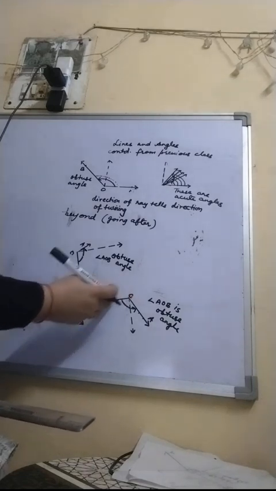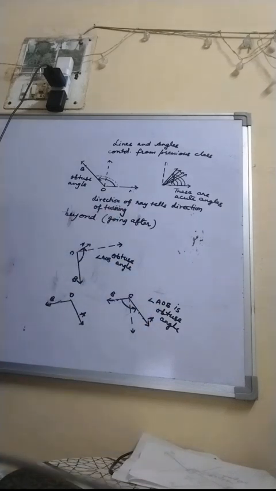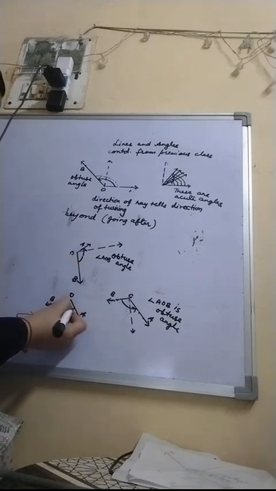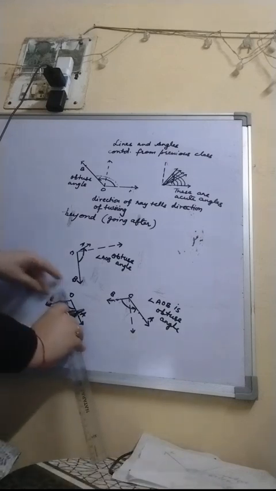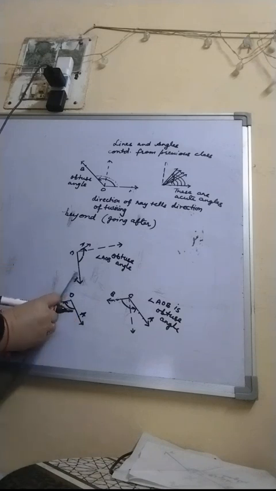In the previous case, I started from OB and went to OA. Here I am starting from OA and going till OB. So what would my marking be? It would be like this. Now you have started from ray OA and your turning is like this.